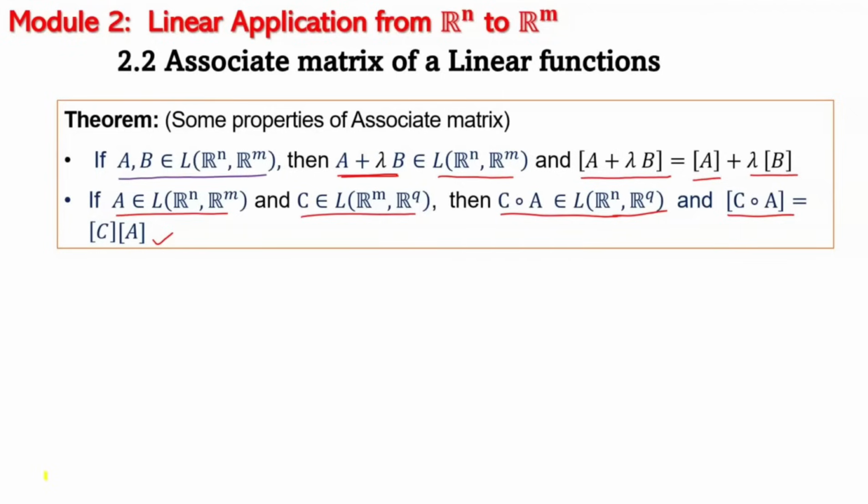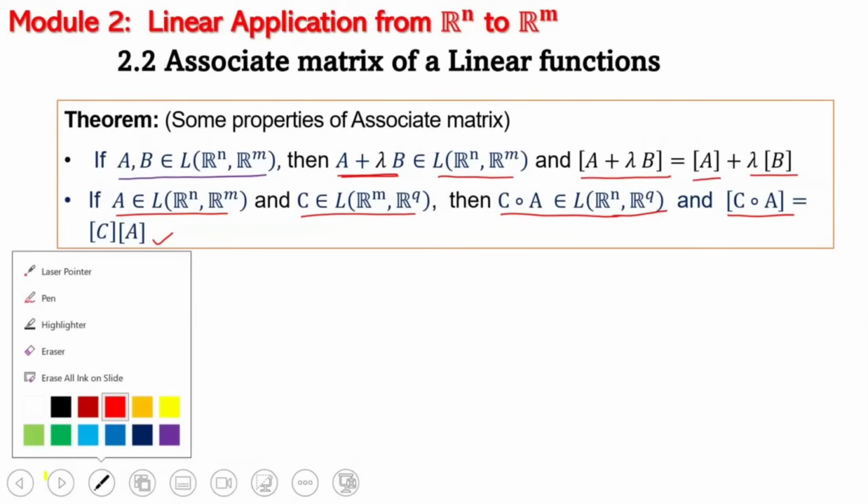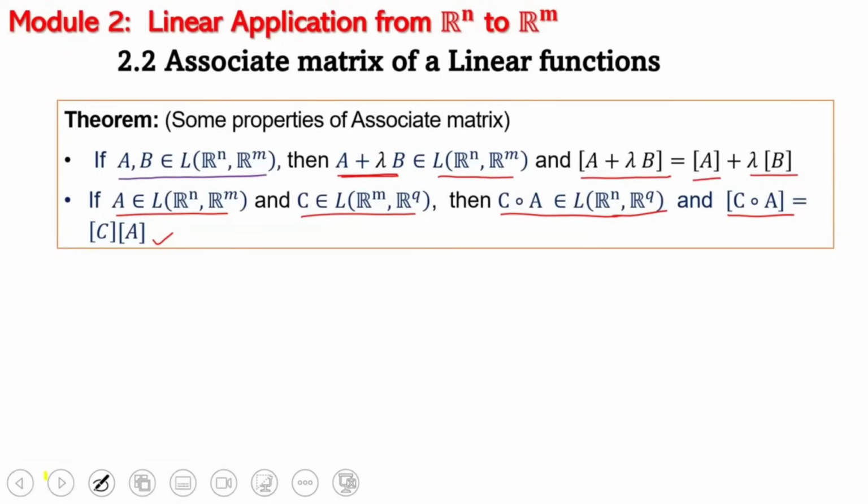So how can we prove this part? We are going to prove both statements. So let's start with the first part, that A plus lambda B is linear and its matrix will be given as it is written here.